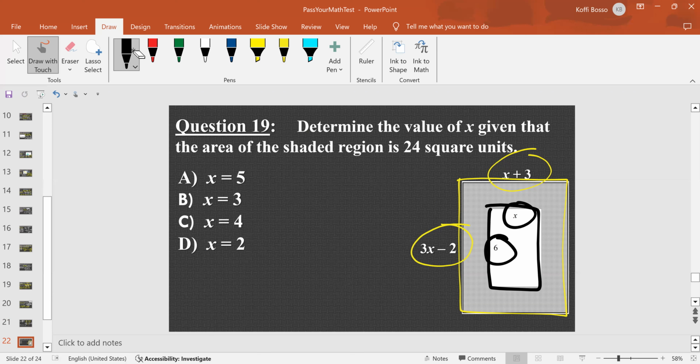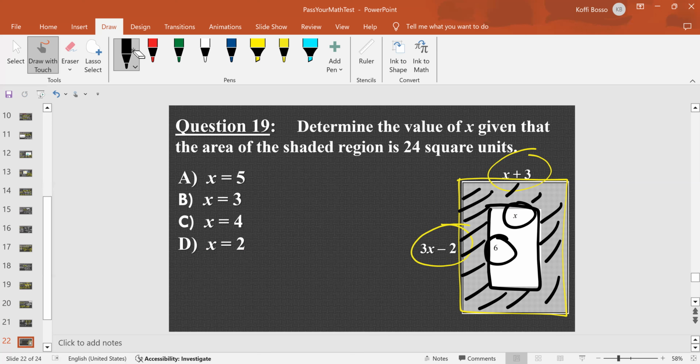They say determine the value of x given that the area of the shaded region is 24 square units. So you have to understand that the big rectangle will be the shaded area plus the small rectangle.